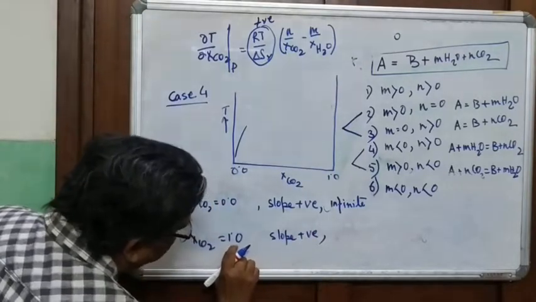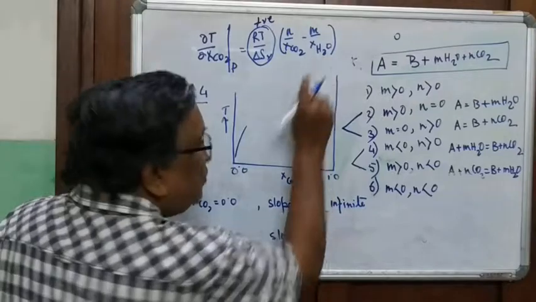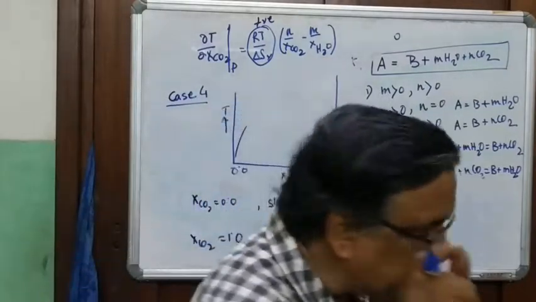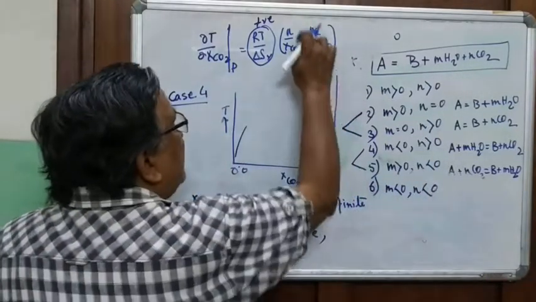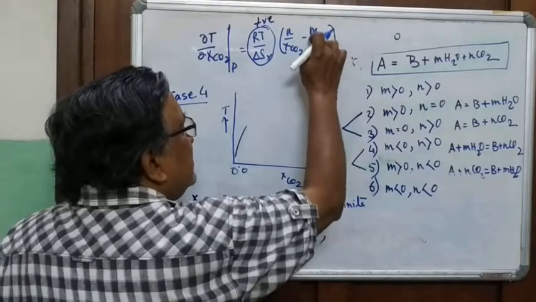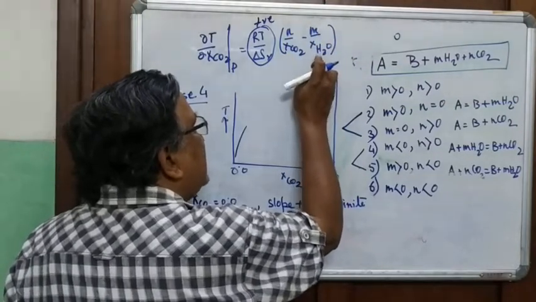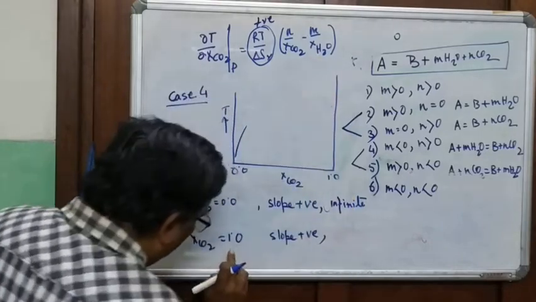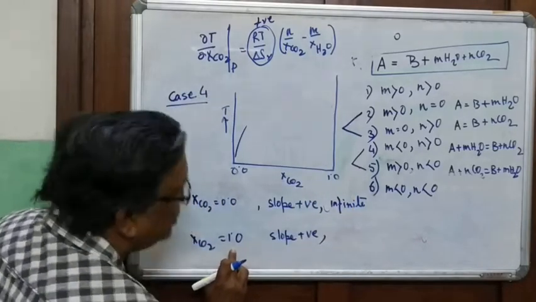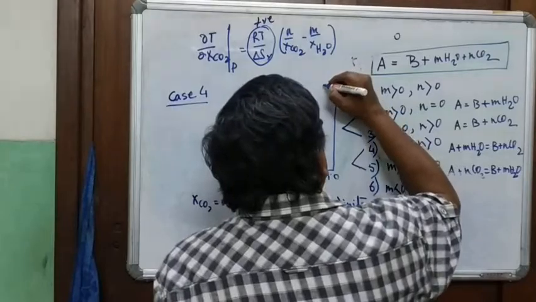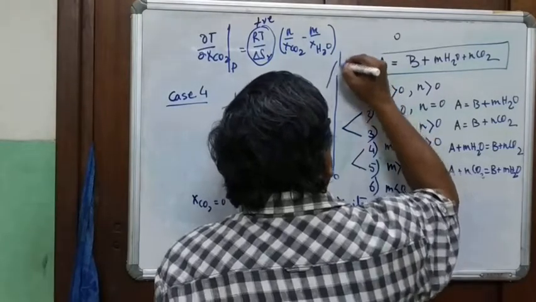At xCO2 1.0, xH2O will be 0. If xH2O is 0, then this term will be infinite. So this term is finite, but this term is infinite because xH2O is equal to 0, where xCO2 is equal to 1.0. So here also at this end, the slope will be positive and finite.